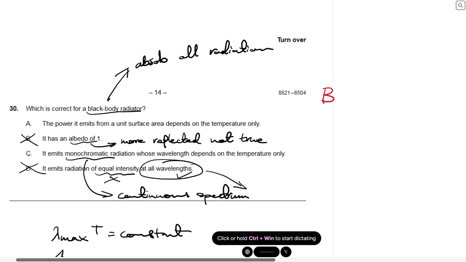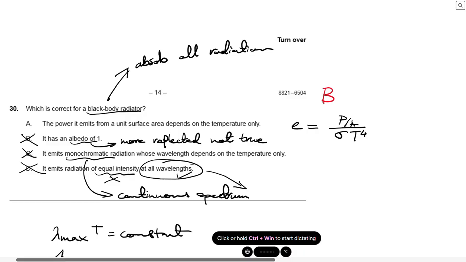And now we're only left with A, and the reason it is A is we have our formula: emissivity is equal to power per unit area divided by our Stefan-Boltzmann constant times T to the 4.